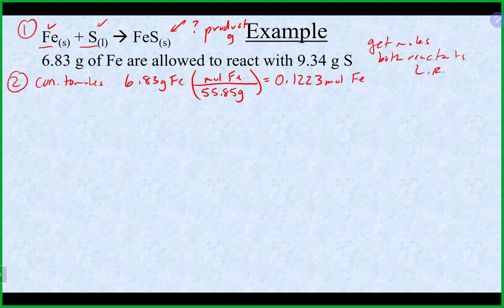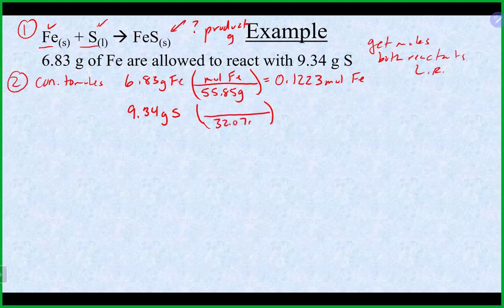We're going to do the exact same thing with our other reactant because we could do that, and that is 9.34 grams of sulfur. We would go to the periodic table and look underneath sulfur, and it will say 32.07.